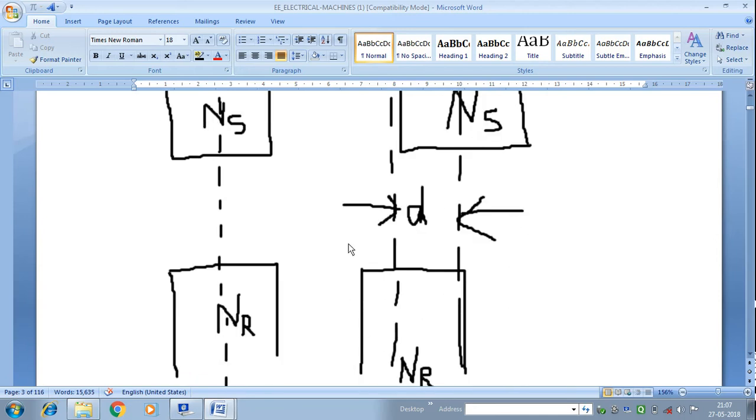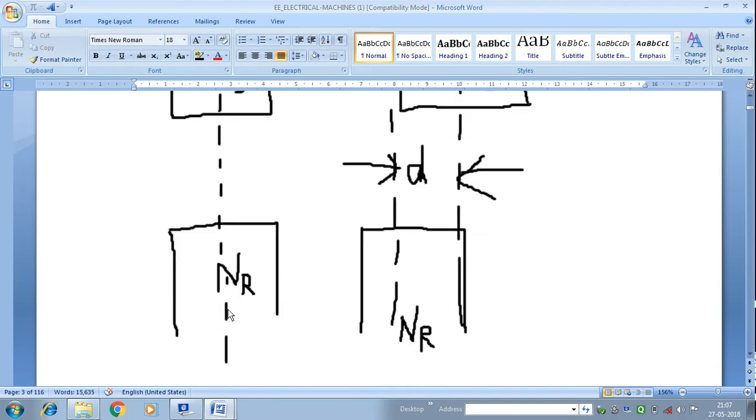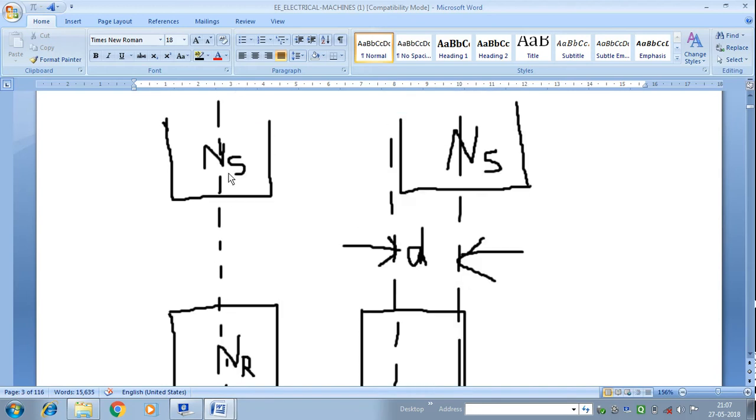This is the case of no load or light load. This is the synchronously rotating magnetic field, and this is the rotor magnetic field axis. Now they are coinciding with each other.